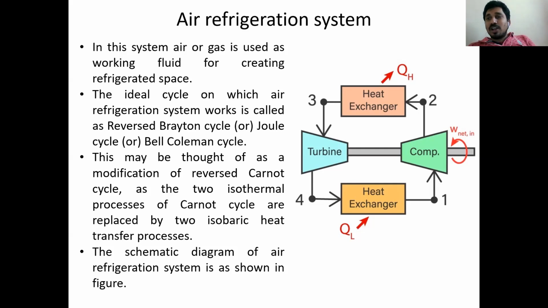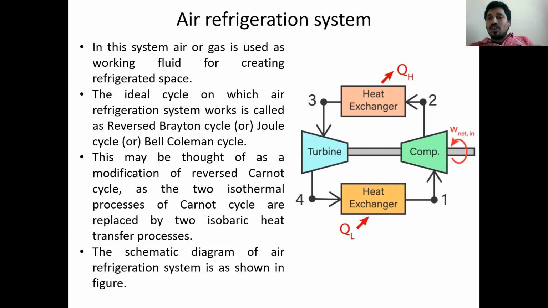After expansion, with low pressure and temperature, the working fluid called air is moved to the heat exchanger. This is called the refrigerator. This heat exchanger is always connected to a low temperature region called the refrigerated space. That's why we call it the low temperature heat exchanger.